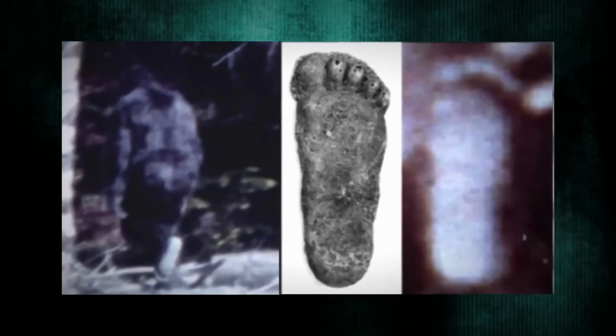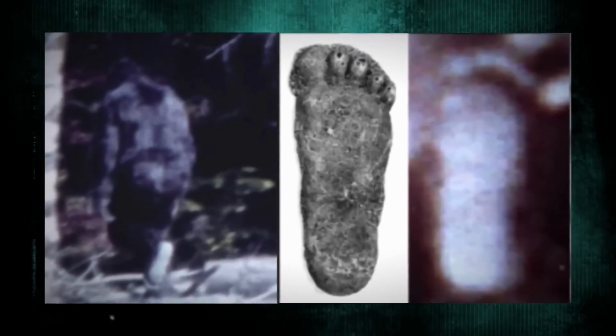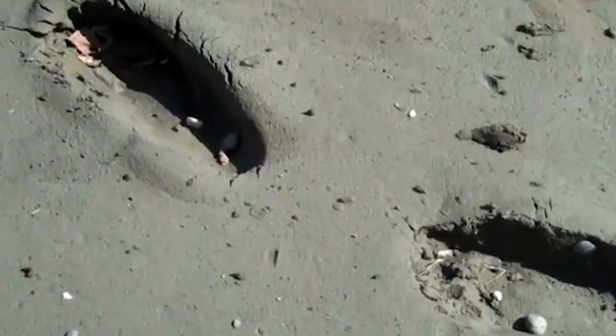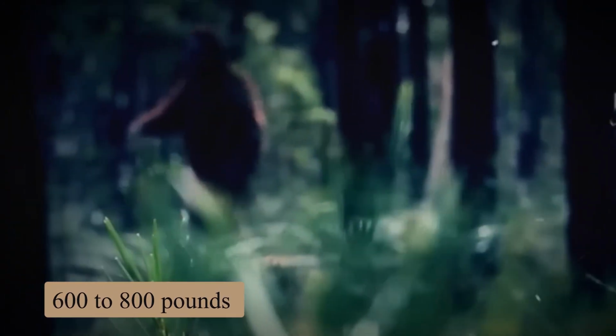But the fabrication theory also fails on physics. A person in a costume lying in mud does not produce compression consistent with 600 to 800 pounds of body mass. The soil doesn't care about the costume. It responds to the weight actually pressing on it.